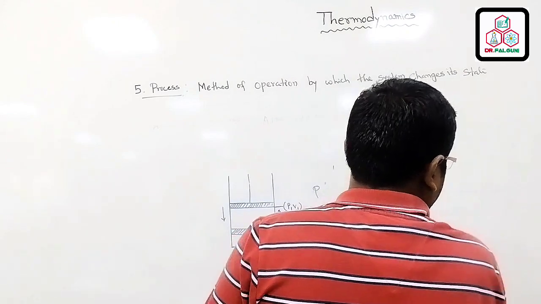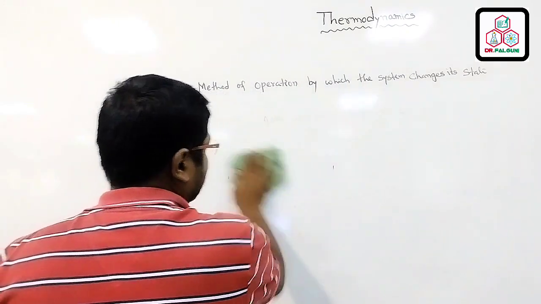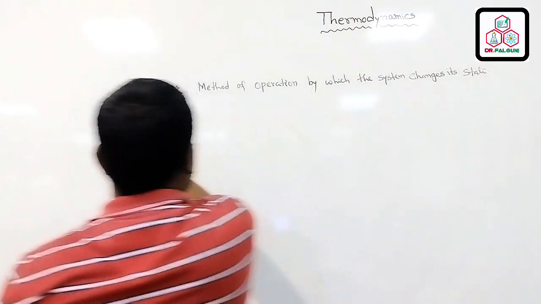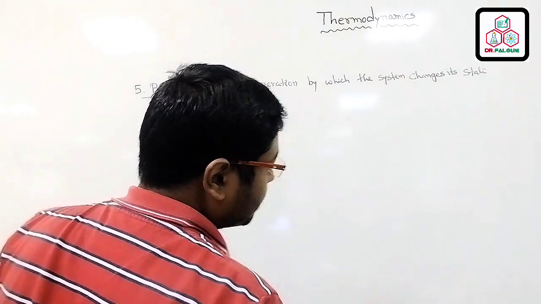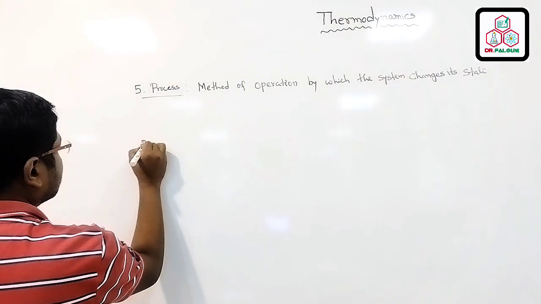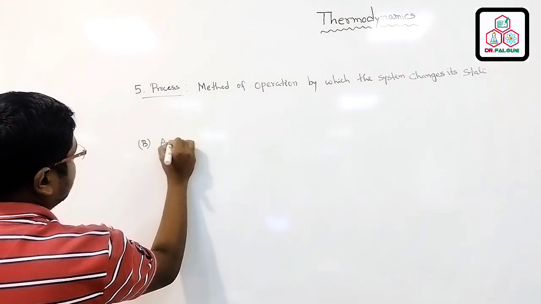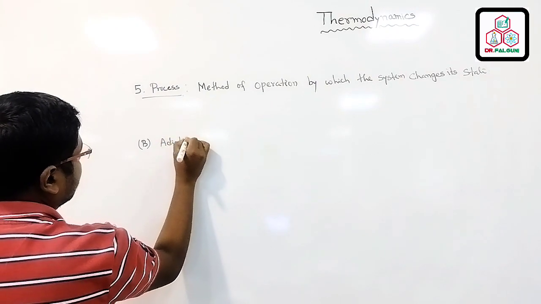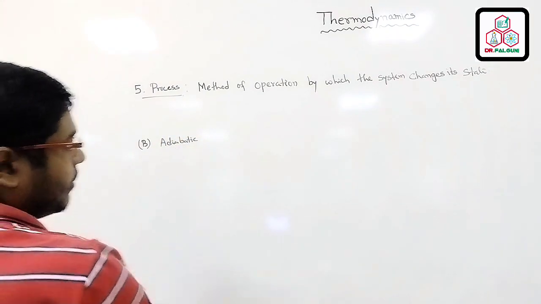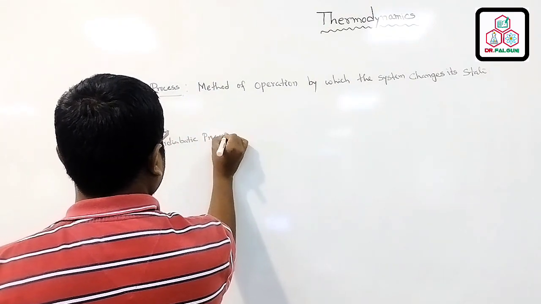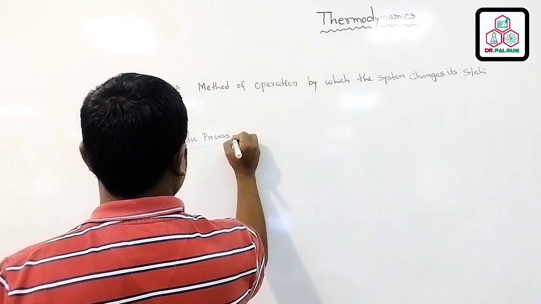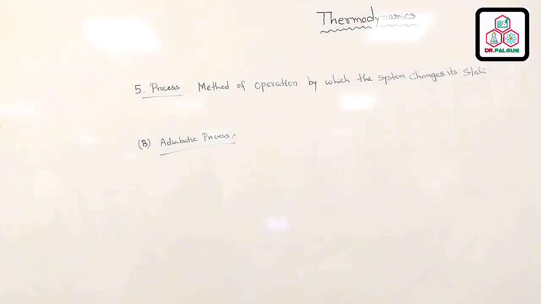Number B is the adiabatic process. So what is adiabatic process?